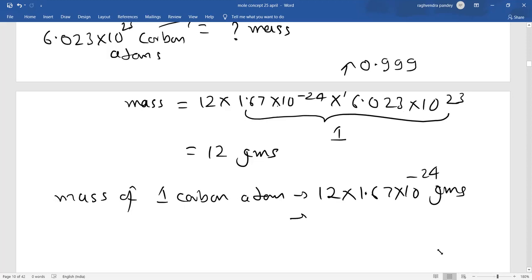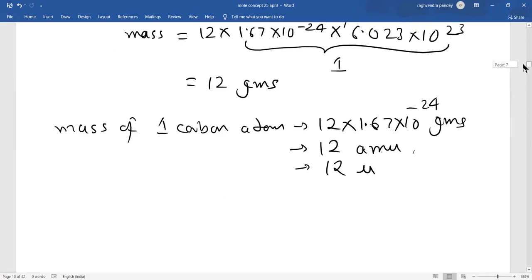It is also written as 12 AMU. This mass is also written as AMU, atomic mass unit, because this is a big number we don't have to write again and again. So we just write AMU, or just write 12 u, even shorter. That is the short form.